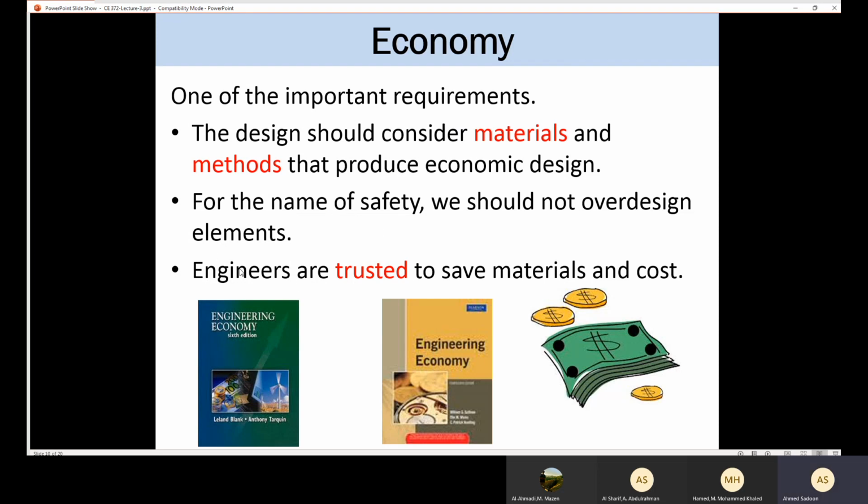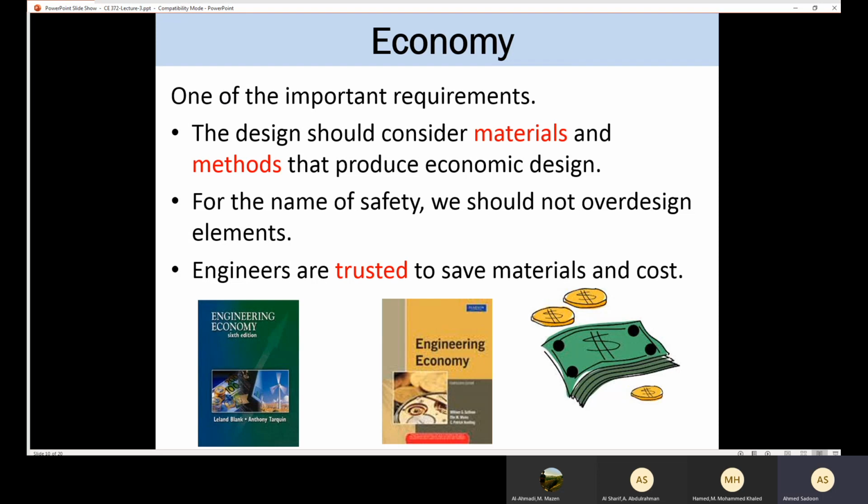As engineers, we are trusted to save materials and cost. Do not use something that is not needed in the name of safety, because that is going to cost the owners a lot of money. Of course, your building should be safe, but it should not cost a lot of money. So you have a balance between the safety and the economy.